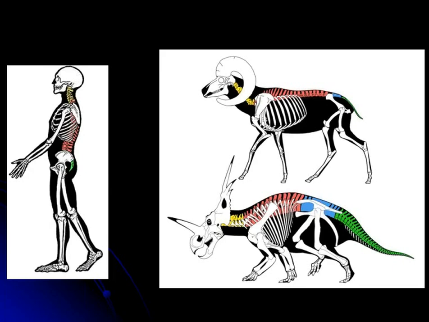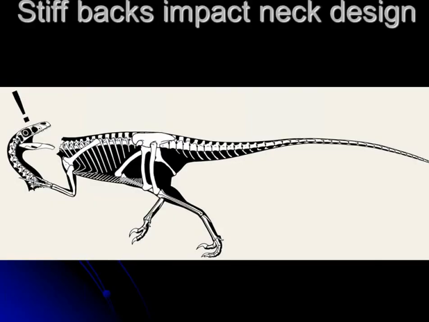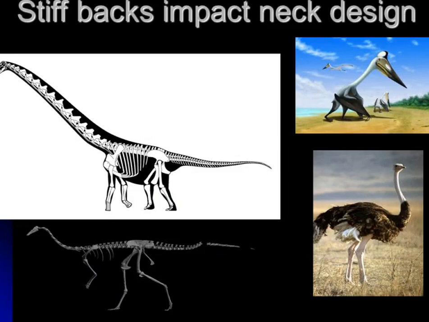Okay, now of course, backbones aren't just one continuous section. There are multiple sections to these, and how you design them does have an influence on the other parts. Or, as I'd say, it impacts, for example, something we covered a couple weeks ago in the webinar, stiff backs impact neck design.